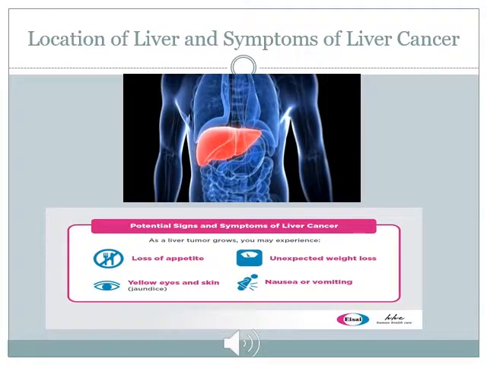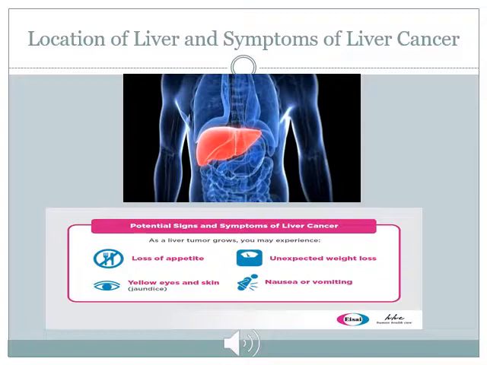Okay, now I'm going to give you an outline of basic information about the liver. I'm going to let you know where it's located, and we're going to try to figure out the signs and symptoms of liver cancer. On the first picture, you can clearly see where the liver is located. It's located right above the abdominal area towards the right section.